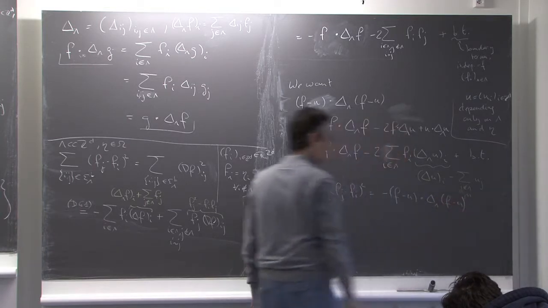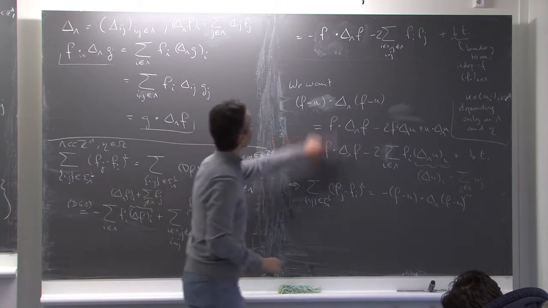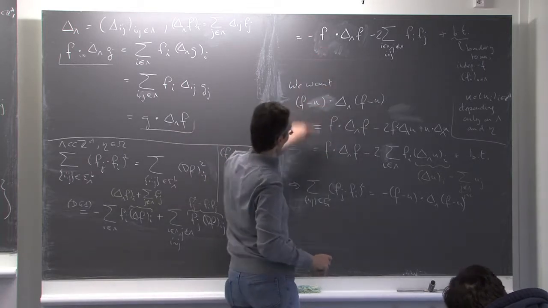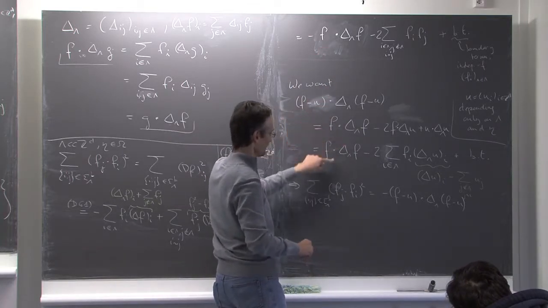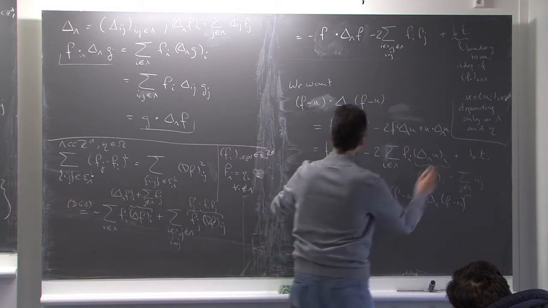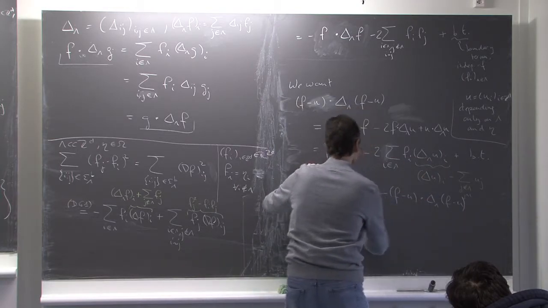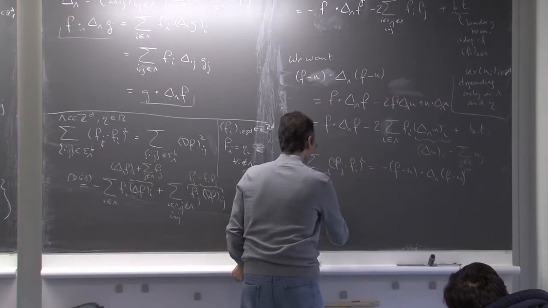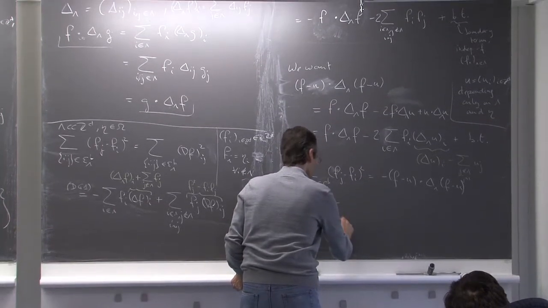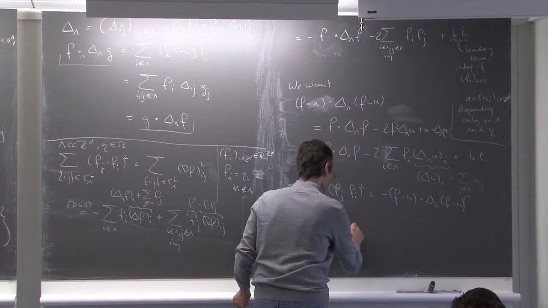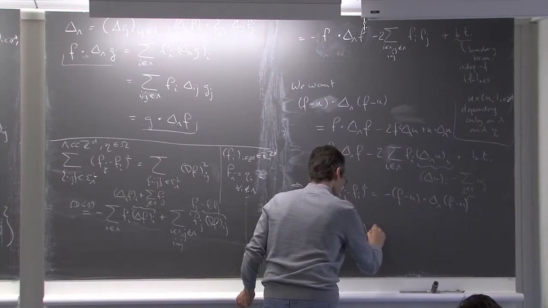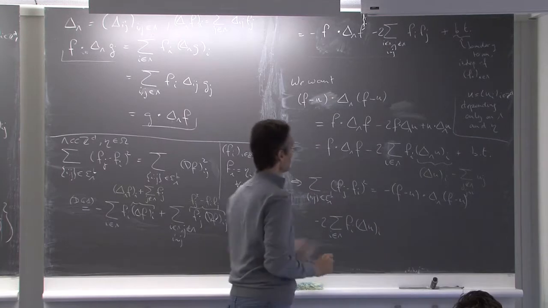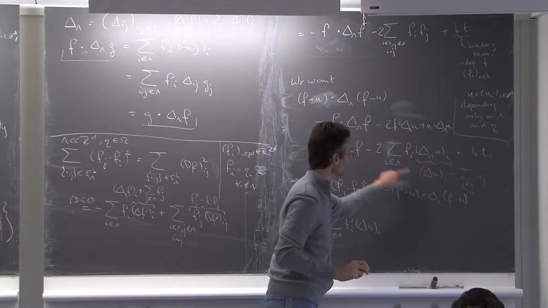So this one is nice. I'm happy to have it. So that's what I get when I substitute for this, the expression I get from this identity. But then I have to take into account all these corrections, so I get minus 2 sum over i in lambda f_i Laplacian u at i, that's the term which comes from this one.